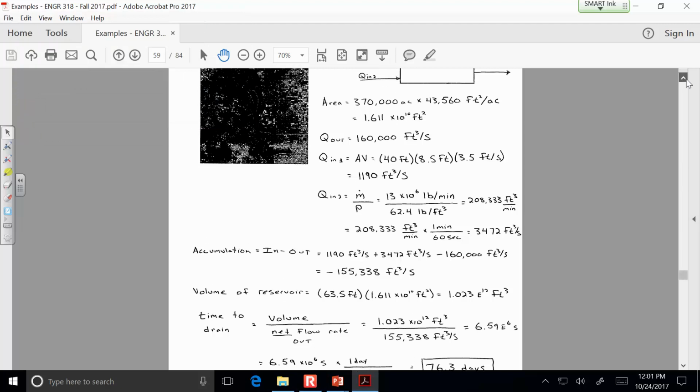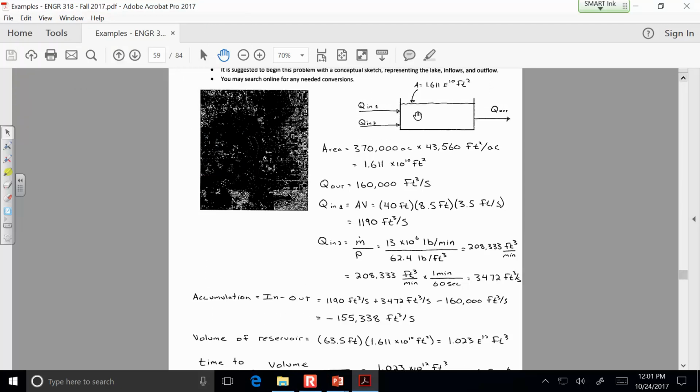If we represent this reservoir as some sort of a volume, just simplify what it actually looks like, there's the two flows in, one flow out. We know the cross-sectional area of the reservoir and its depth is given. Now, there's several simplifying assumptions here, and one of them is that the cross-sectional area is constant as the water level falls.